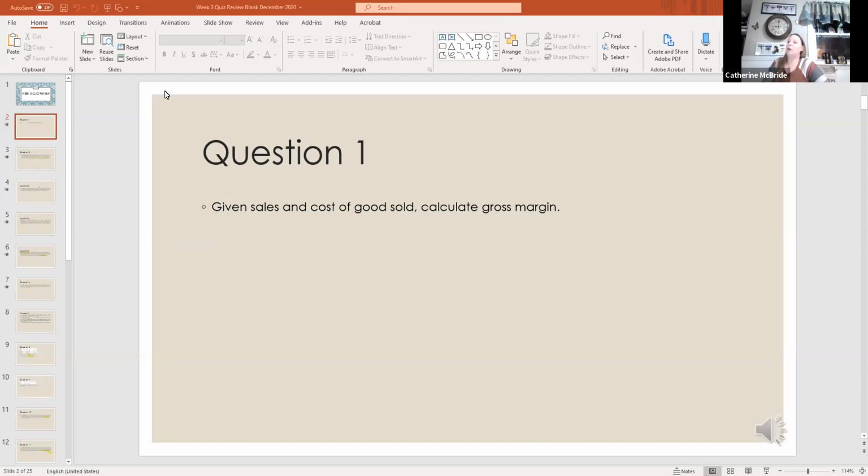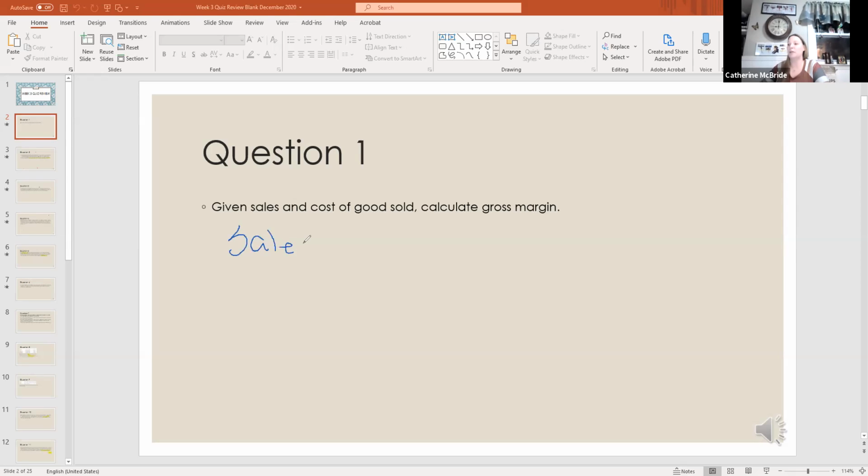All right, so question number 1: given sales and cost of goods sold, calculate the gross margin. This one isn't hard. I do need a pen, however. The gross margin is just the way the new income statement is when you have inventory.